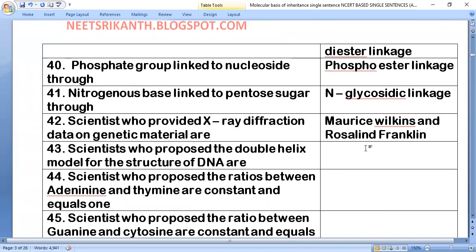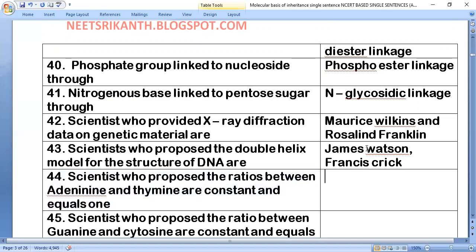Scientists who proposed the double helix model of the structure of DNA are James Watson and Francis Crick.